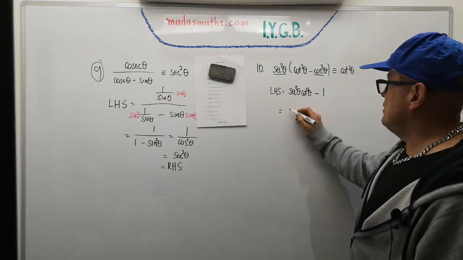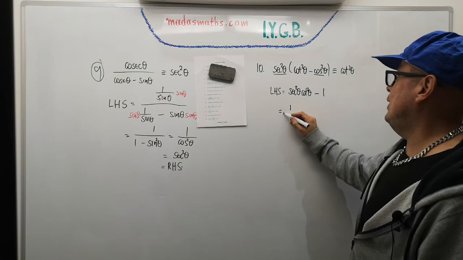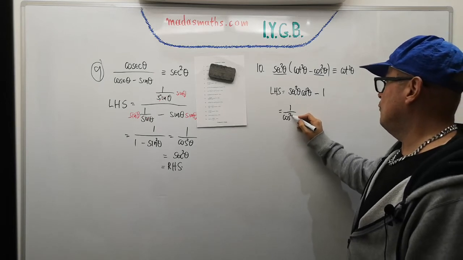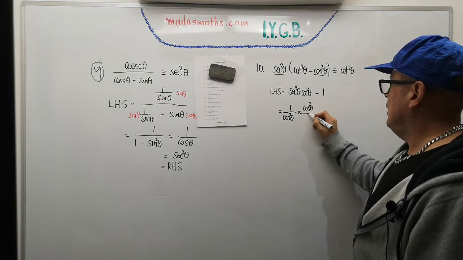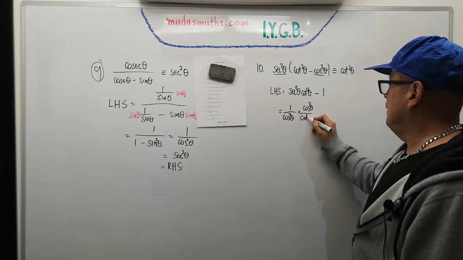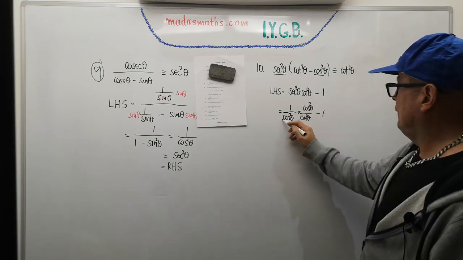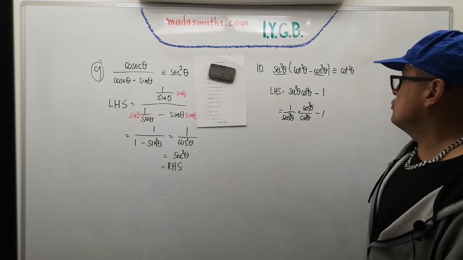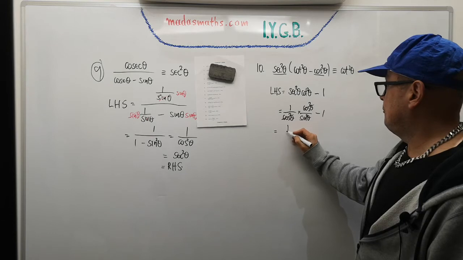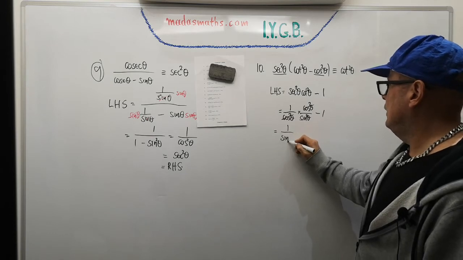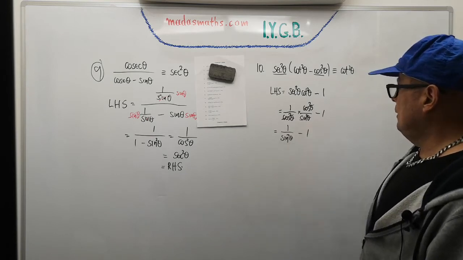Then I'm going to switch into sines and cosines. So the sec squared, of course, is 1 over cos squared theta. Cot is cos squared theta over sine squared theta. Still a minus 1. The cos squared will cancel. And what I'm left with is 1 over sine squared of theta minus 1.